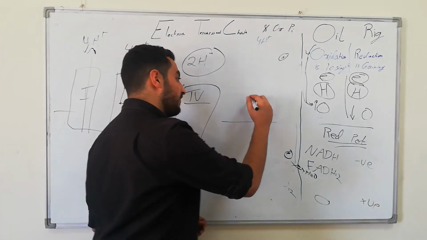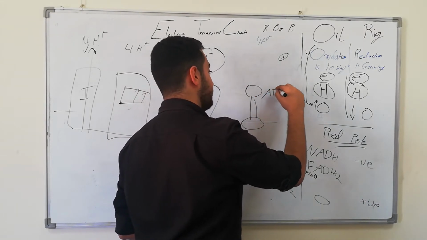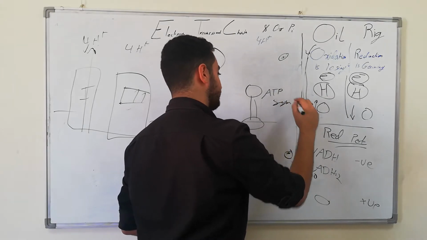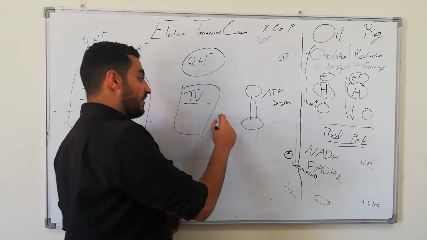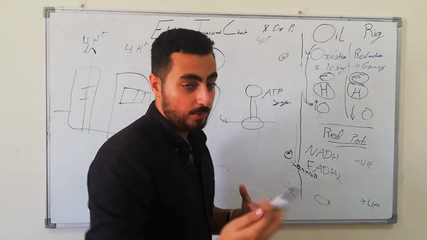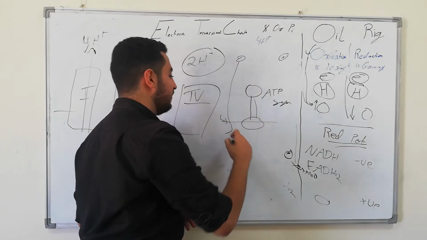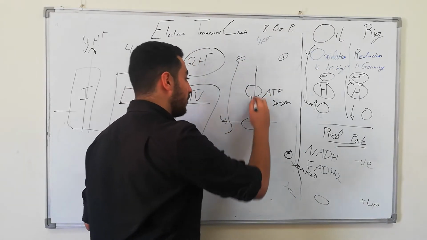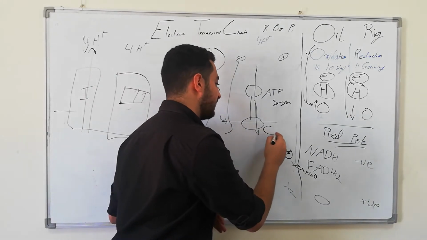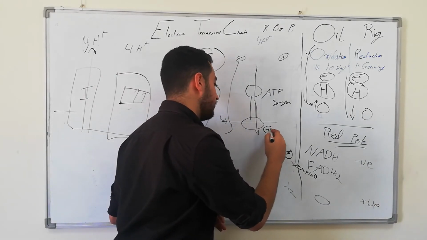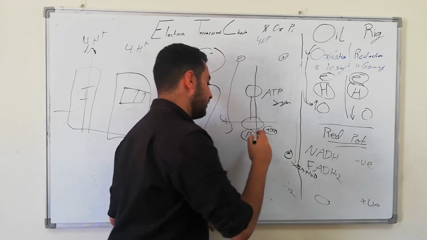And here comes in a new enzyme called ATP synthetase. ATP synthetase is very interesting because the inner membrane is impermeable to protons. So the protons on the outside cannot diffuse back into the matrix. They have to go through ATP synthetase. And ATP synthetase on the matrix side binds to ADP, adenosine diphosphate, and inorganic phosphate.